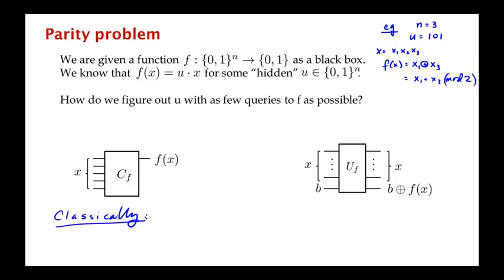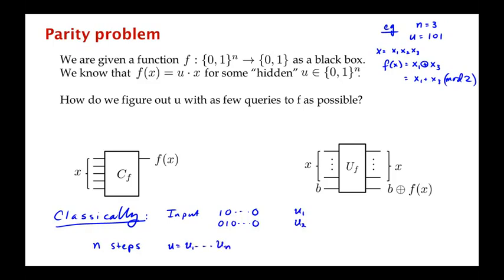What you would do is you'd first input 1 0 0 0 0. What's the output? Well, it's just u1. And then you could input 0 1 0 0 0 0, and the output would be u2. And so in n such steps, you can figure out u, which is u1 through u sub n.